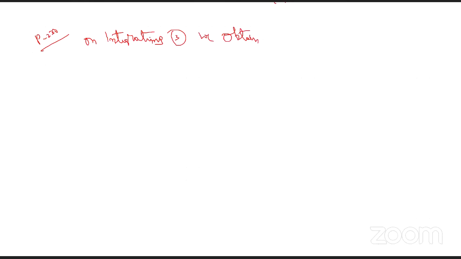log v dash equal to minus 2 log pi 1 minus integration a1x dx.